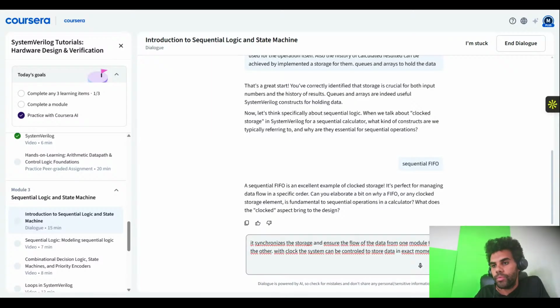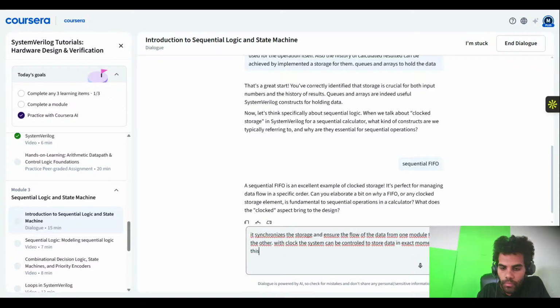This helps to ensure that the correct data is stored in the correct time, right?